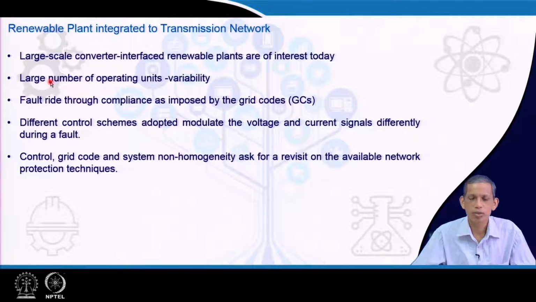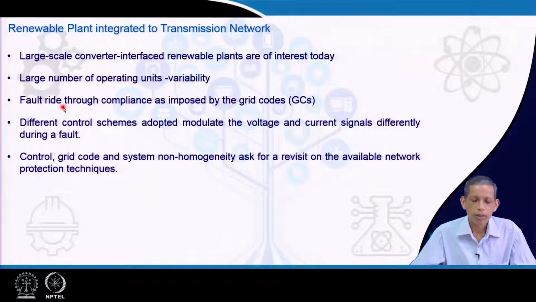So, that introduces variability: how many units are operating at a time, if it is solar, what is the amount of solar irradiance available at a time, variation among the units, wind velocity across different units in the same plant. So, that introduces variability in the overall output of the plant.